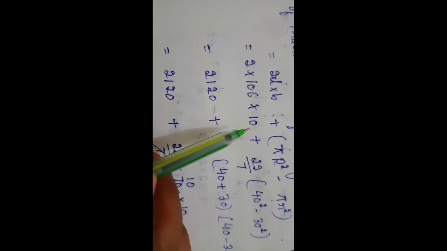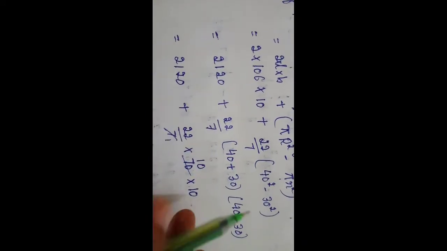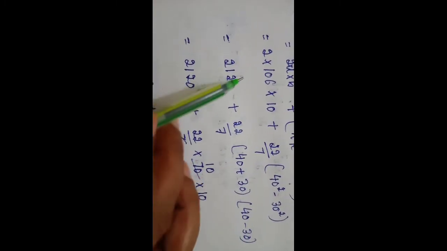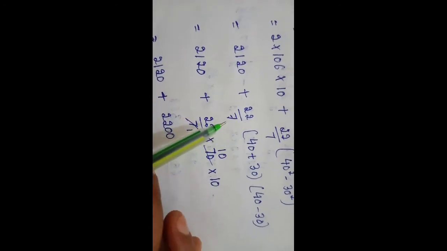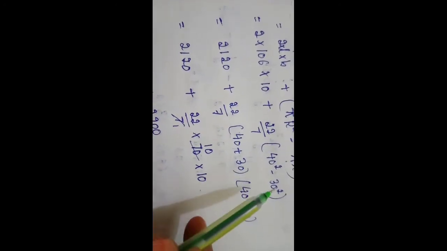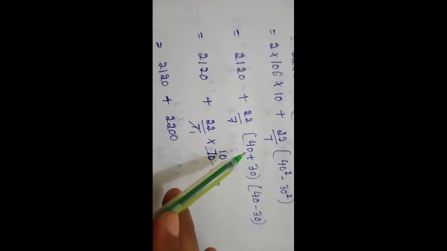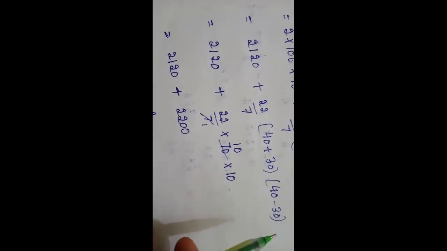So breadth is 10 plus, take pi common here, 22 by 7, and capital R is 40, 40 square minus 30 square. So multiply this, we get 2120 plus 22 by 7, and here you can use an algebraic identity, a square minus b square equals a plus b into a minus b. That is, we get 40 plus 30 into 40 minus 30.